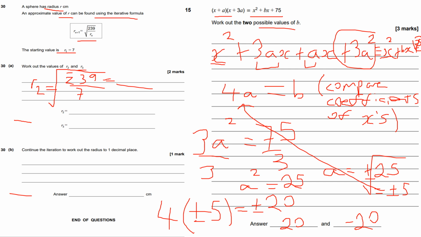So square root that, and I get 5.843188953, so that should be enough. So R3 will be 239 divided by that number, and then the square root of the answer.